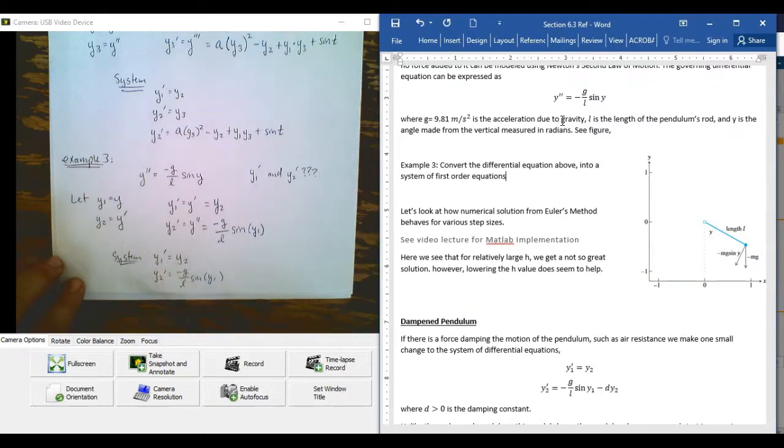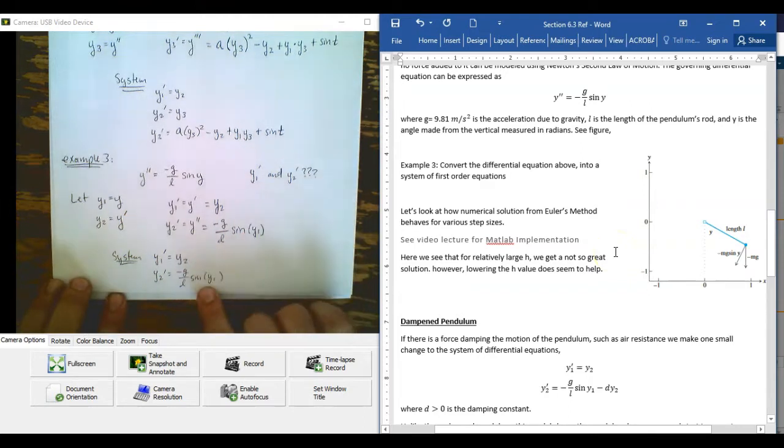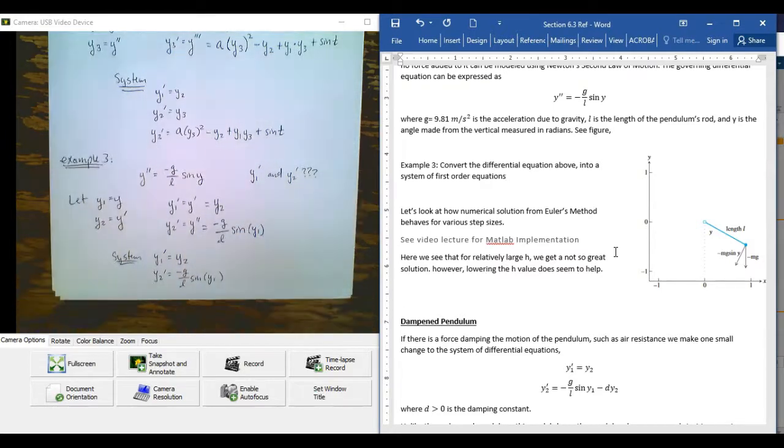We're looking at the rate of change of the quantities y1 and y2, and this will represent the motion of the pendulum. So let's take a look at Matlab. We're going to apply Euler's method using Matlab to this, and we're going to look at how different changes in the step size parameter, h, change our solution. Okay, so let's do that.